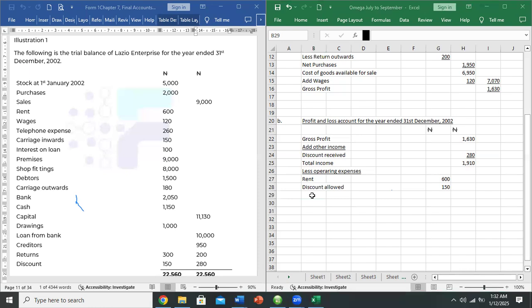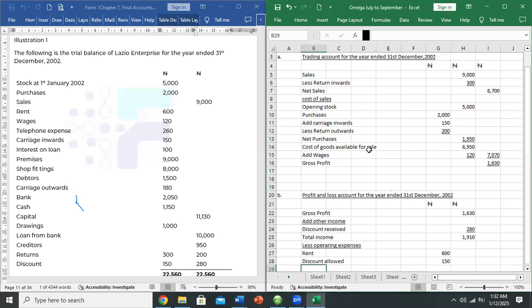Please wages. Okay, Prof Asay, wages is an expense, but it is used in the trading account. So as you saw in the trading account here, right? Because it's a direct trading expense. So it's used in the trading account. So it will not appear in the profit and loss account. It will appear in the profit and loss account when you see salaries attached to it.